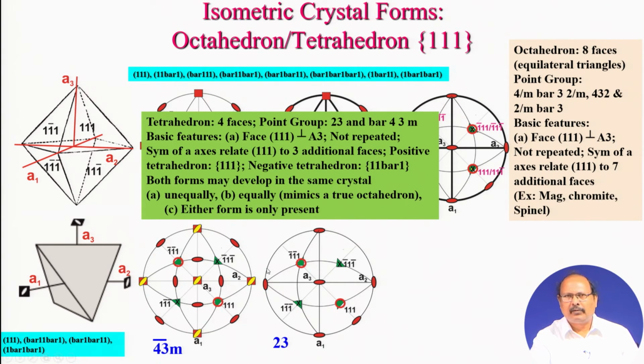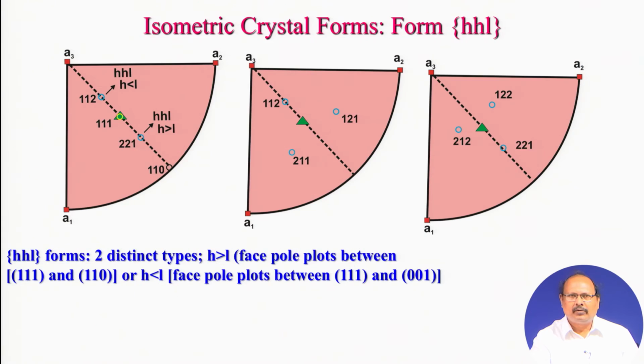Okay. So, we have now concluded the octahedron and tetrahedron crystal forms in an isometric crystal system. Let us now study another type of form which intersects all the 3 crystallographic axes. The only important thing here is that it is not intersecting all the crystallographic axes at equal lengths.